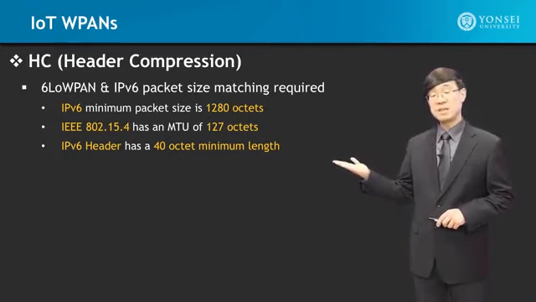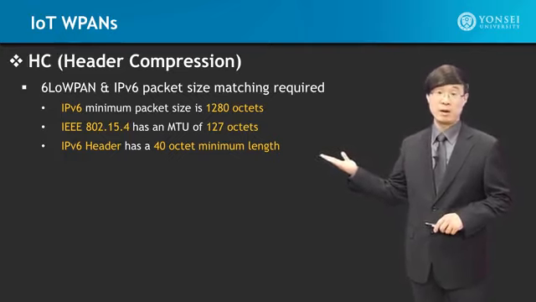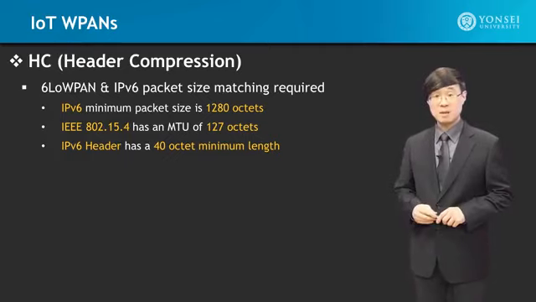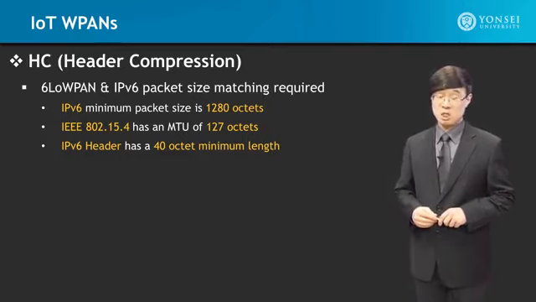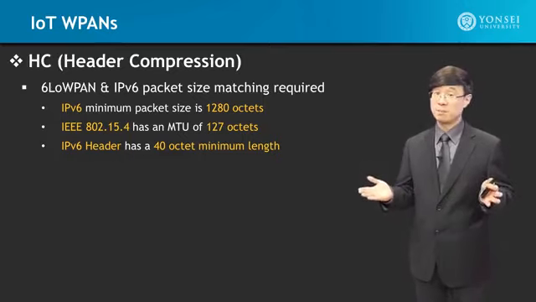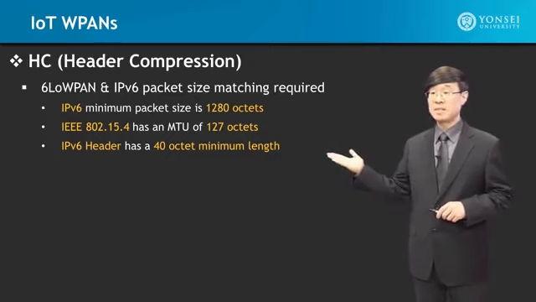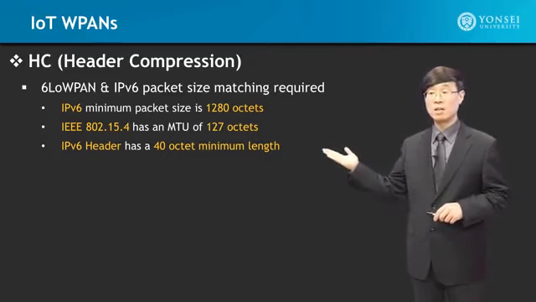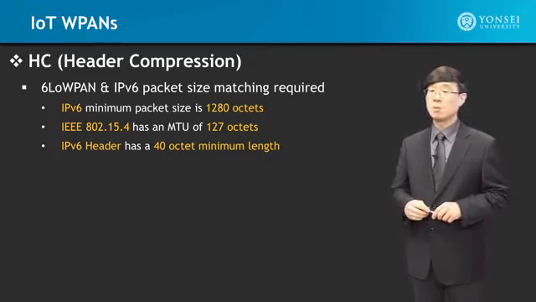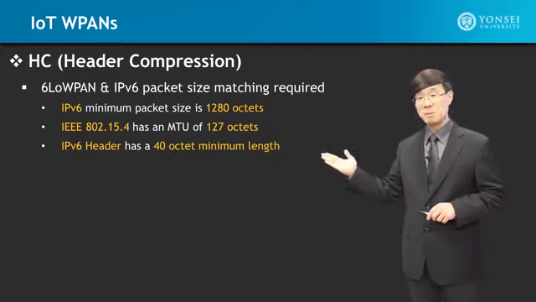The IPv6 header is big, mainly because it uses IPv6 addresses, which are 128 bits each for the source and destination. And that makes the IPv6 header very large, 40 octets, 40 bytes. And that is just the minimum header.